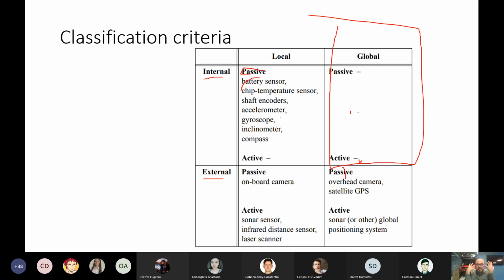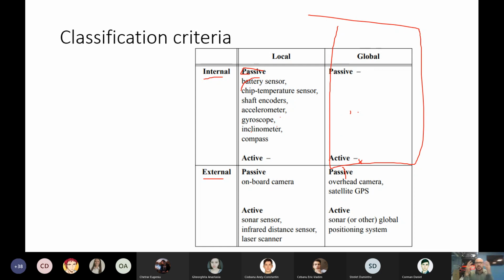Because having these criteria, you will have some association to understand how it works and why you are using it. For an internal sensor, usually you need a small, cheap sensor, and for bigger distances or for an external sensor, you need a more complex sensor.